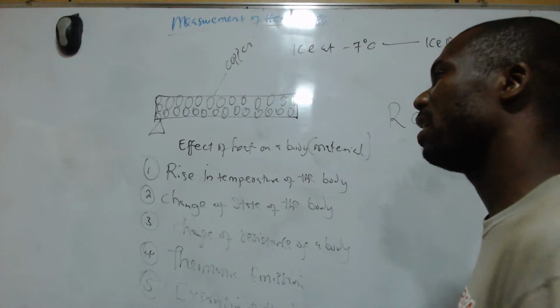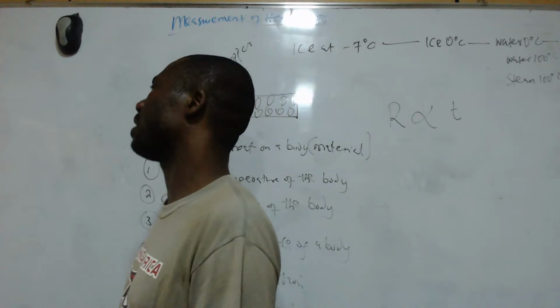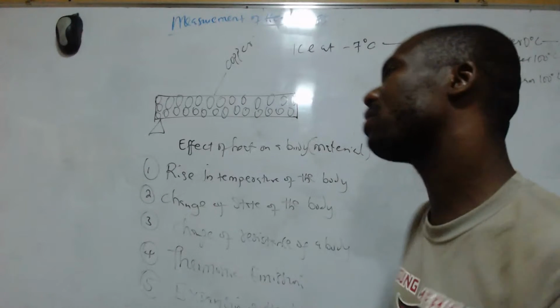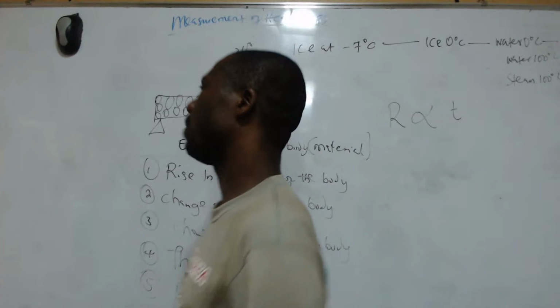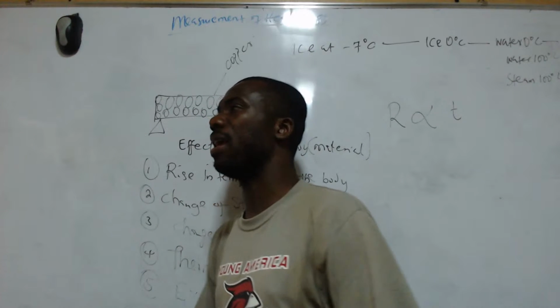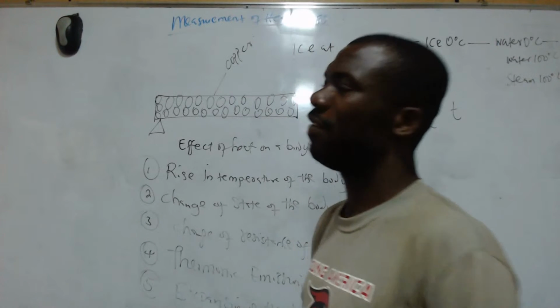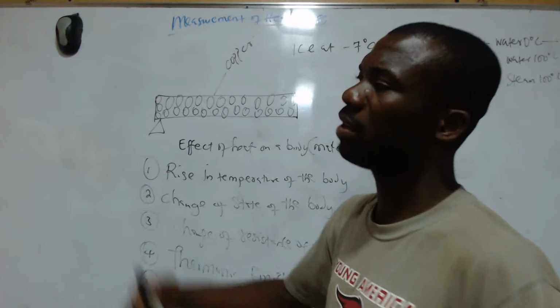That is why we say increase in temperature increases the resistance of a body. For instance, metals have higher resistance because of the way the molecules or the atoms are arranged. And when you increase the temperature on a metal, the resistance of the body increases.